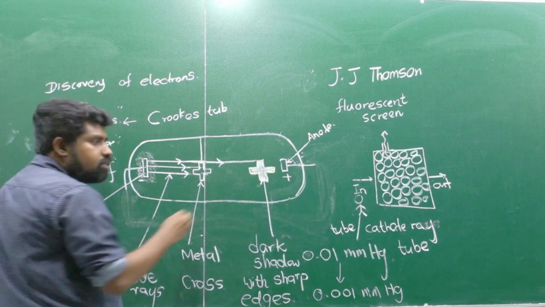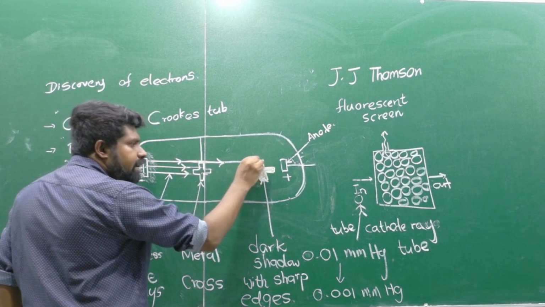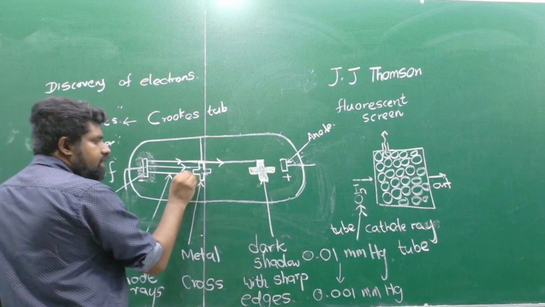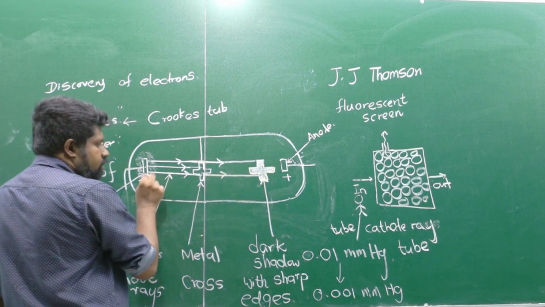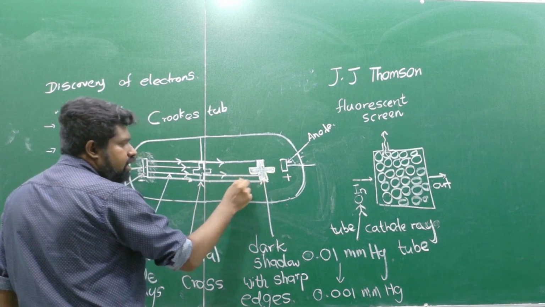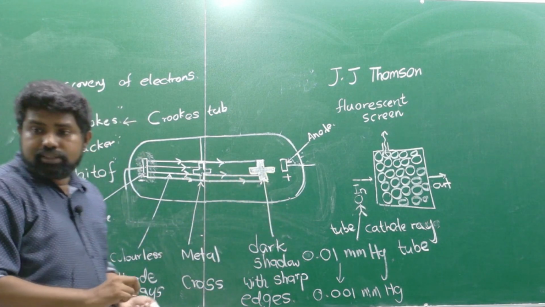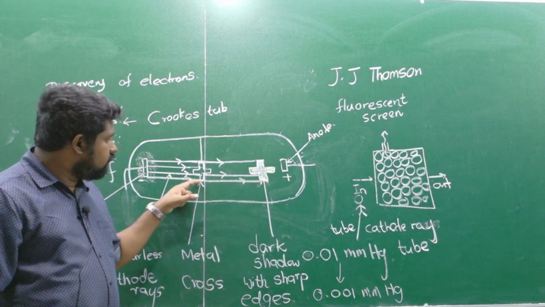So this part you can observe as a sharp edge. A ray passing through the bottom part just goes in a straight line, collides with the wall of the anode, and shows the same thing as the object.